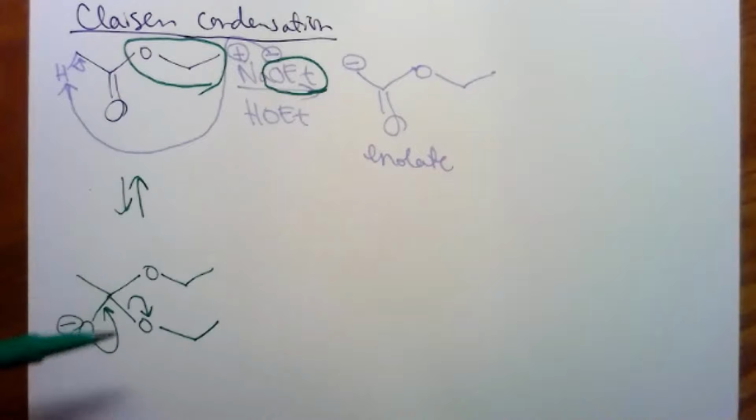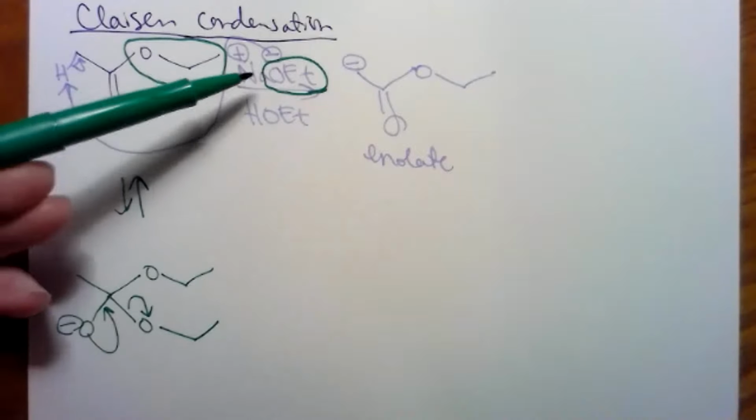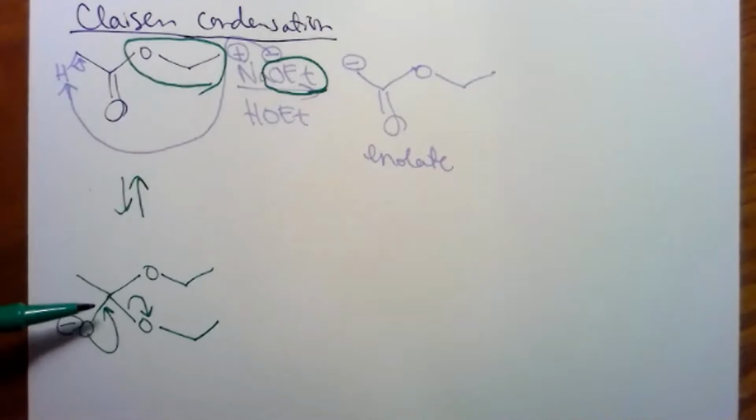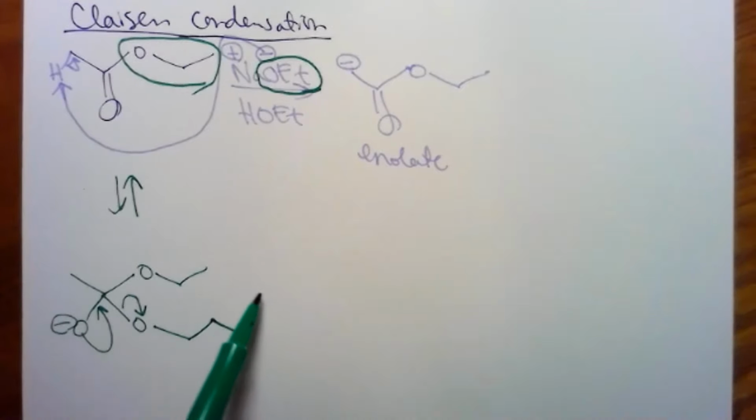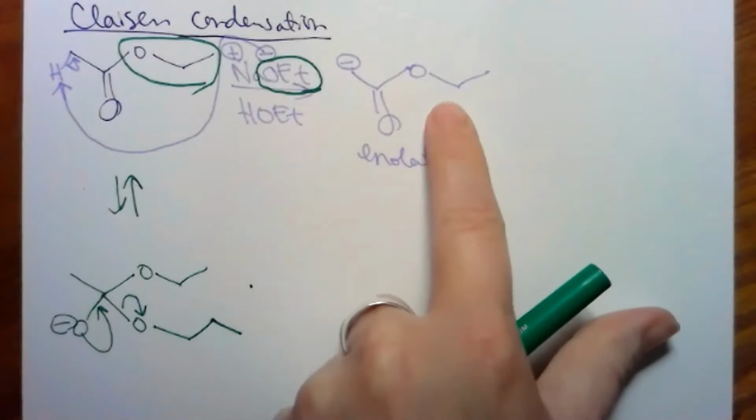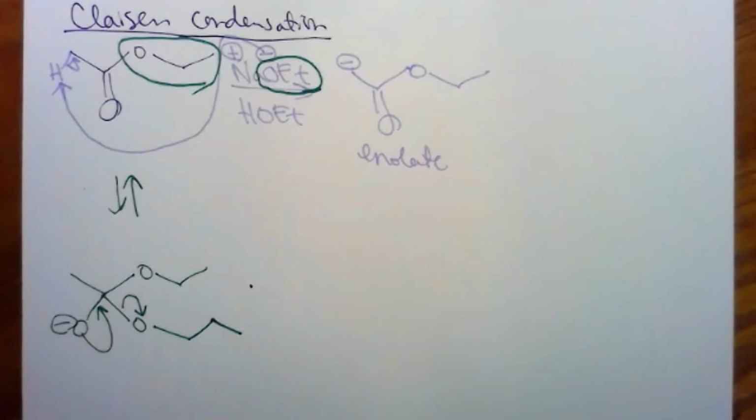Why would you do that? Because when that base attacks the carbonyl carbon to make this green tetrahedral intermediate, if you had used a different base, let's say you used a propyl instead, you would have a mixture of ethyl esters and propyl esters up here, as in you would have some propyl ester enolates and some ethyl ester enolates, and that's just disastrous.